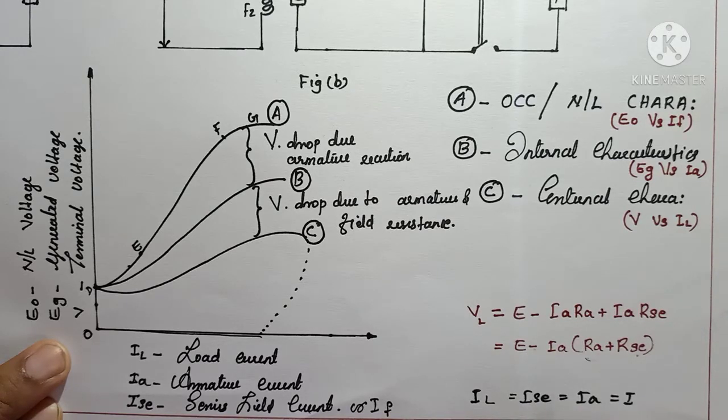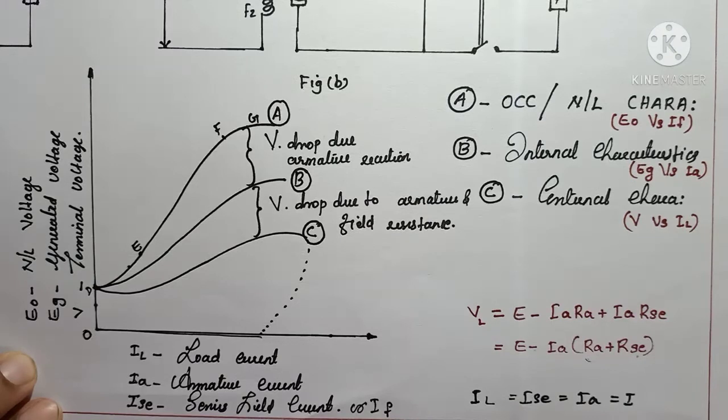If IA increases, armature reaction will drastically increase. The armature reaction drop will be very excessive. When the load increases, series current will increase and the corresponding IA will increase, and due to the increasing IA, armature reaction will increase.